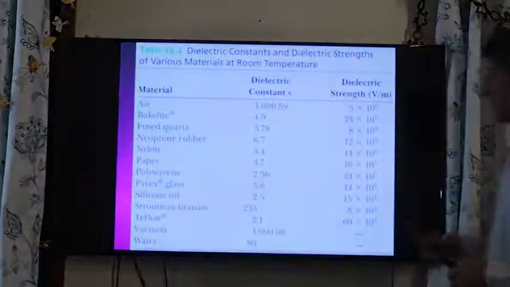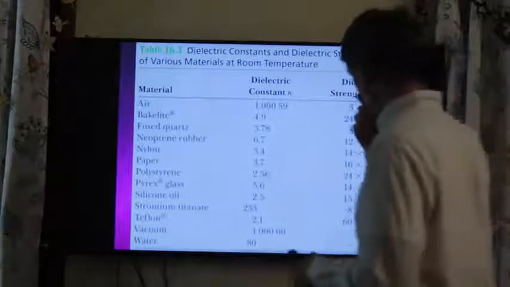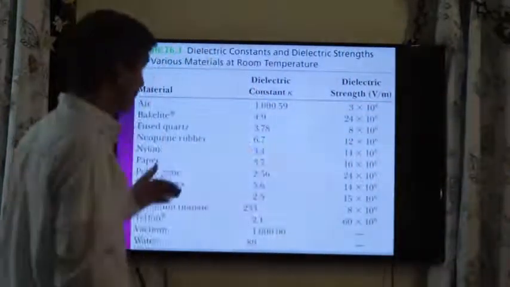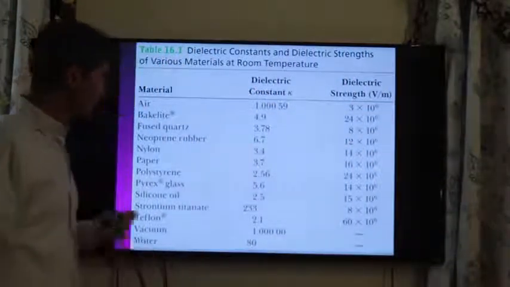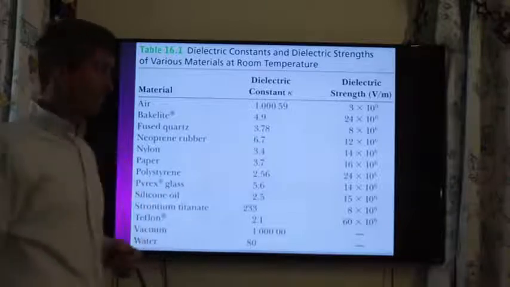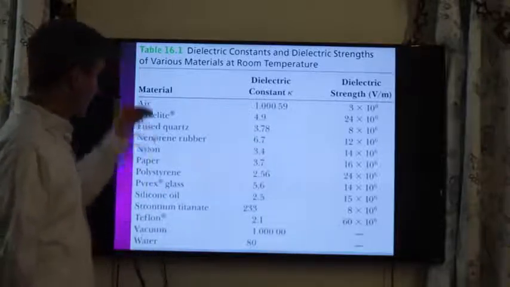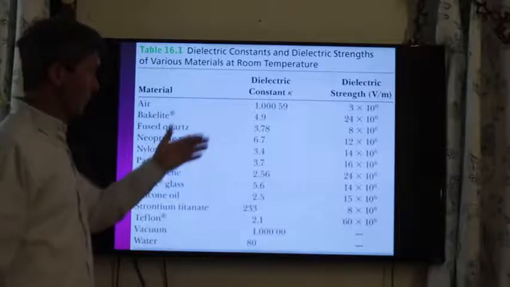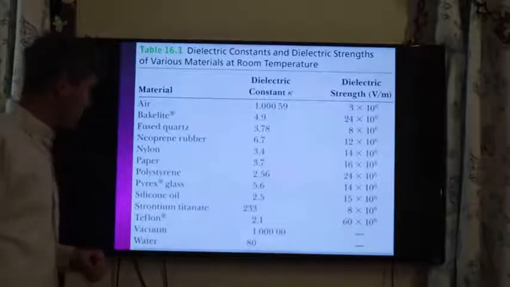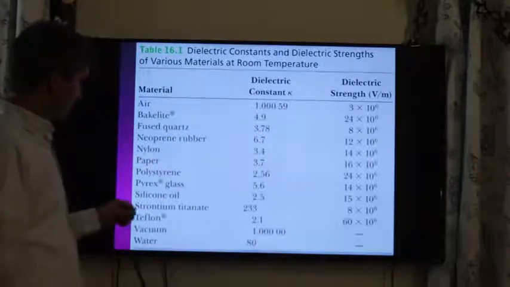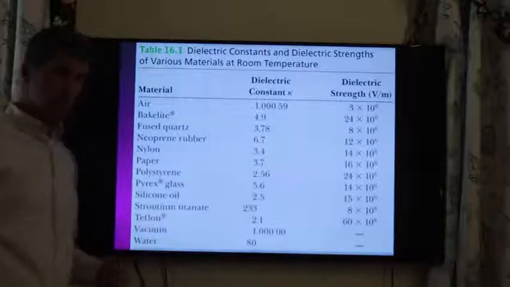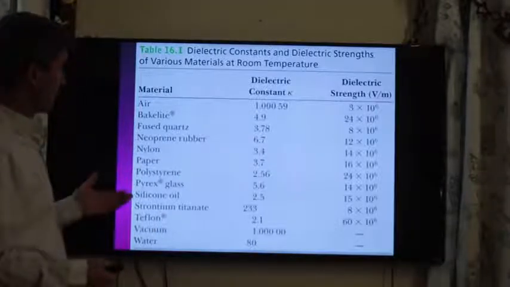And here we see different materials with different dielectric constants. Here's air. Its dielectric constant, for all intents and purposes, is 1, and then different materials and what their dielectric strength is. So for instance here, strontium titanate has an excellent dielectric constant.